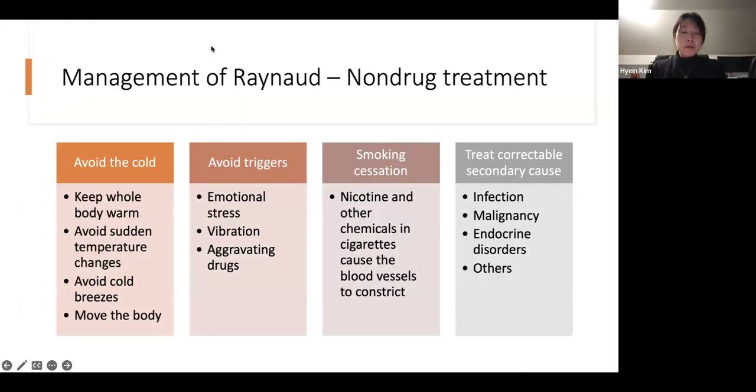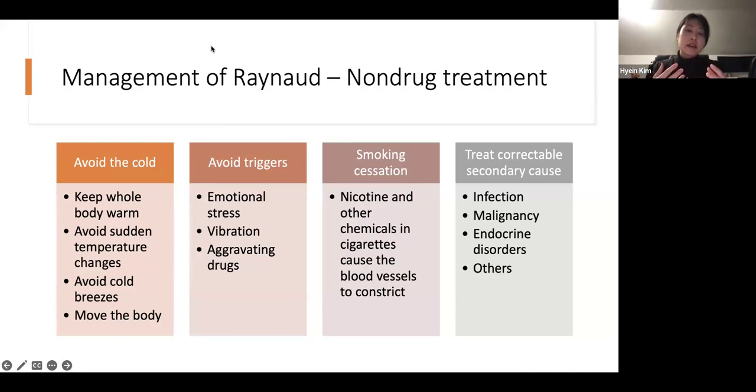For management, I typically divide it into non-drug treatment and drug treatment. Non-drug treatment is proven to be effective in patients with mild disease. Obviously, avoid cold exposure. When I say that, I always say it's important to keep the whole body warm. It's not just your fingers and toes that need to be warm; core body warmth is important.